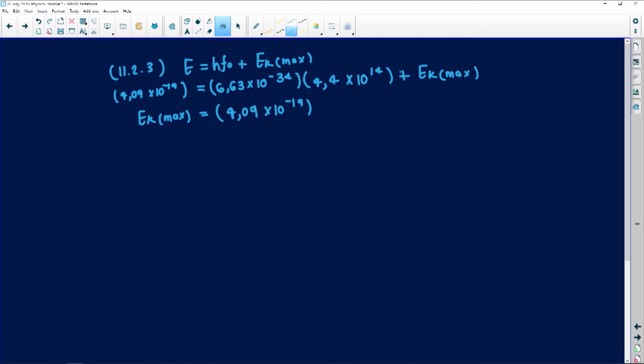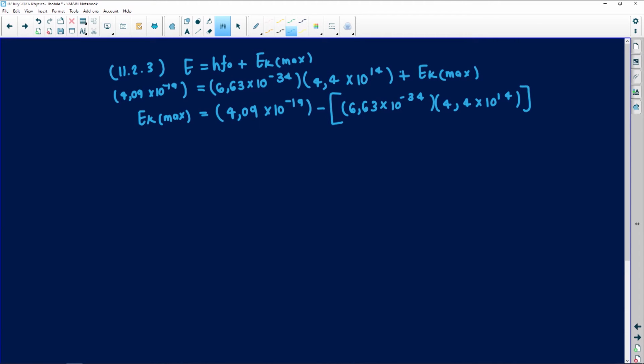Remember, this is multiplication, so I'm going to move everything on this side. But remember, if something jumps the equation sign, the sign changes into a negative. So then I'm going to have 6.63 times 10 to the negative 34, which is multiplied by the threshold frequency that we were given, which is 4.4 times 10 to the 14.